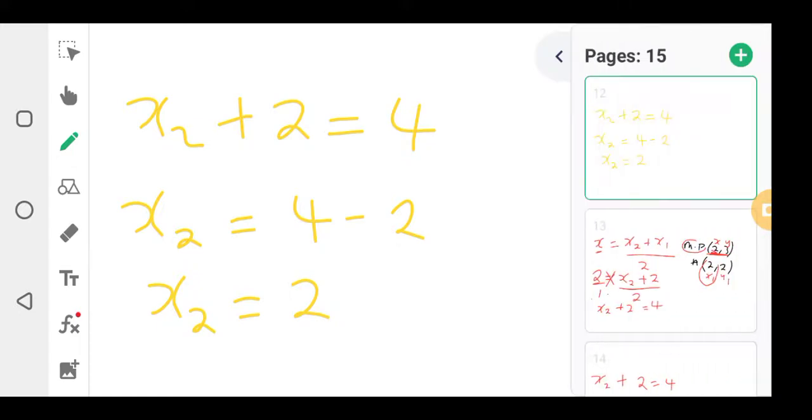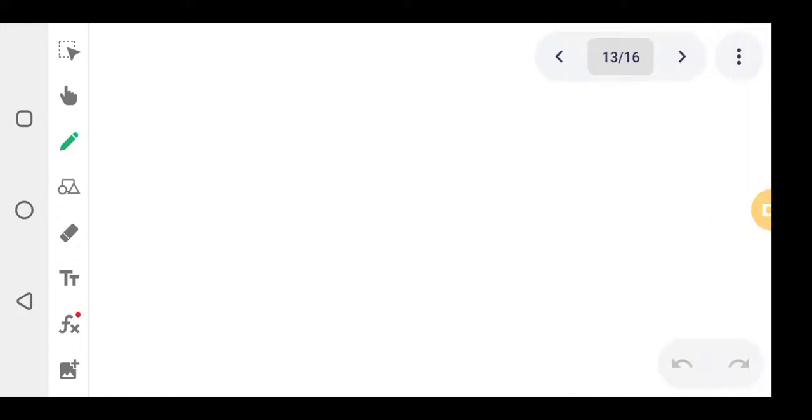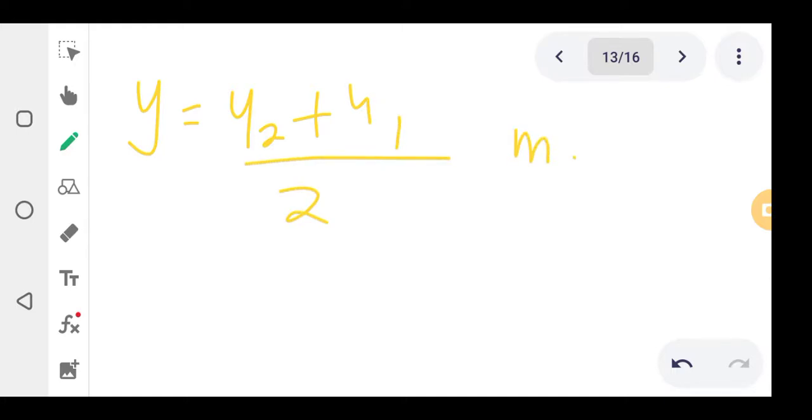And then next, I found x2. We're now looking for y. So y2 plus y1 over 2. So the midpoint is 2, 5 over 2.